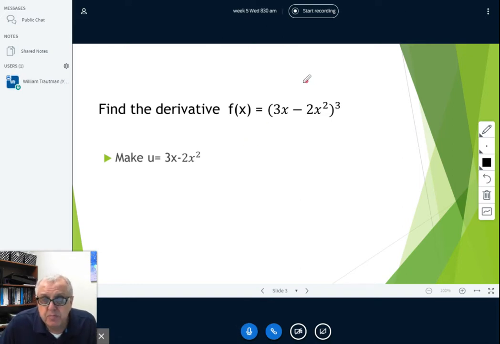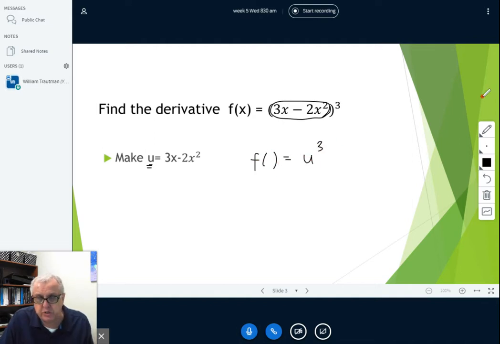However, remember, if I can make this function look a little easier, let's change the inside of this to u. So now I'm dealing with u to the third, and I can take the derivative of u to the third.